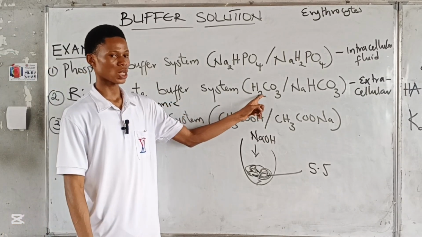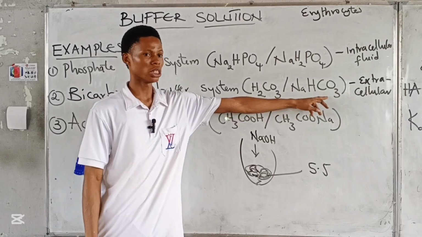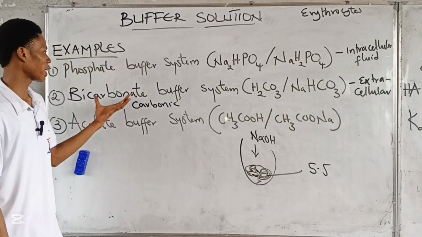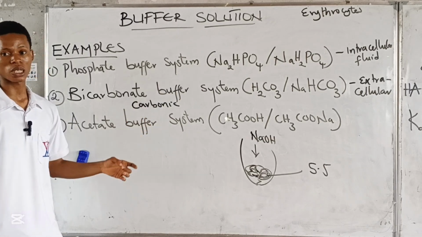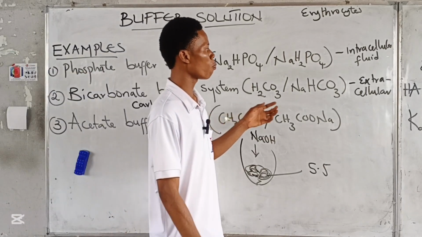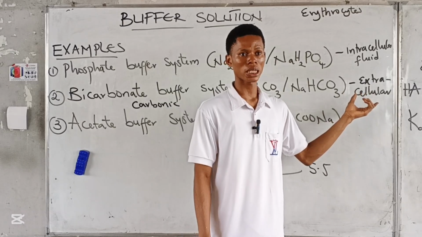This carbonic acid, this sodium bicarbonate. That is why it is called either the bicarbonate buffer system or the carbonic buffer system. Now, the bicarbonate buffer system operates where? In the extracellular fluid, right?